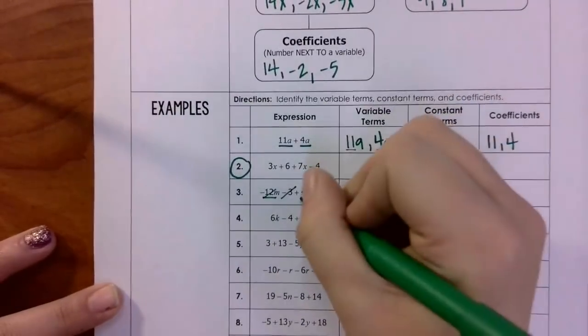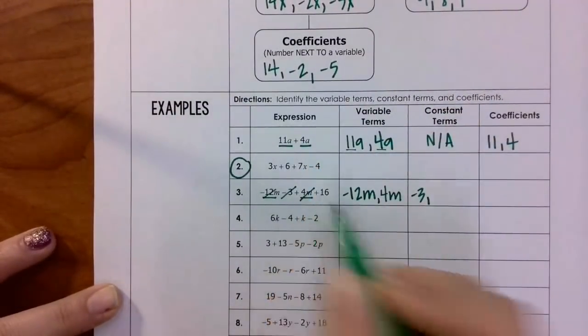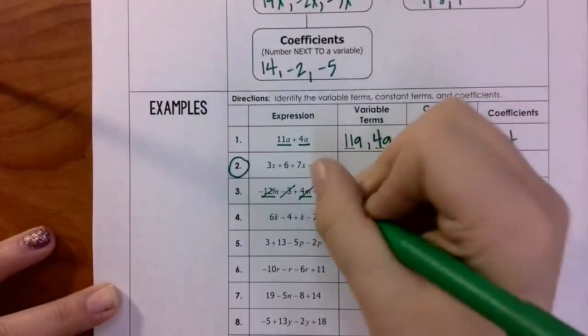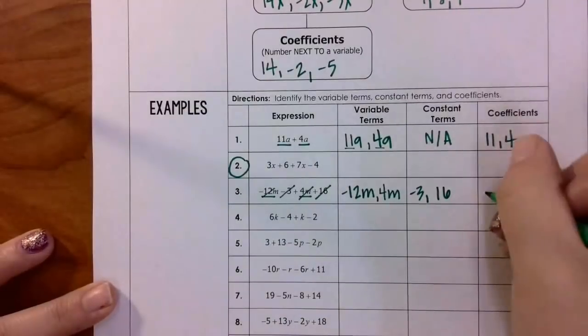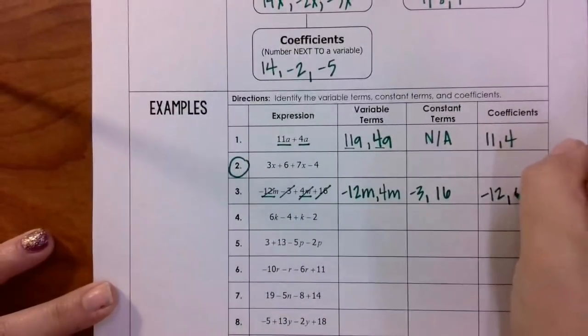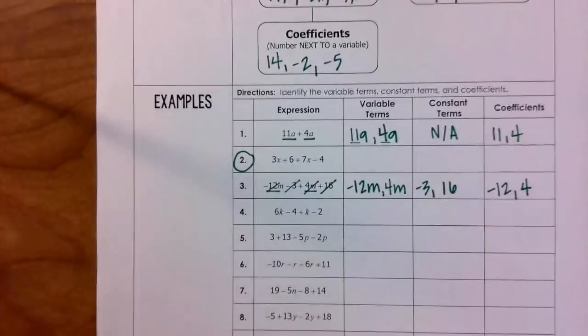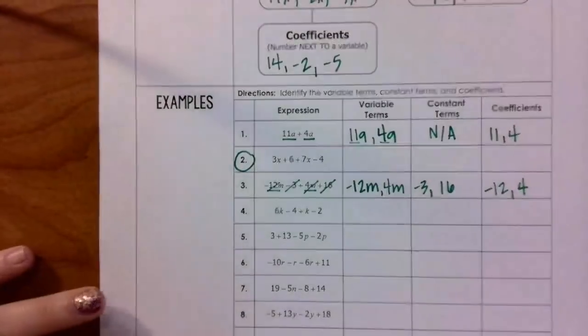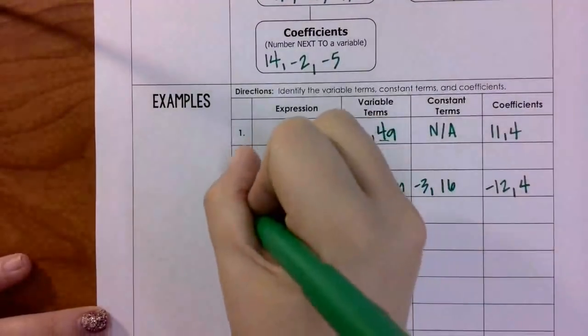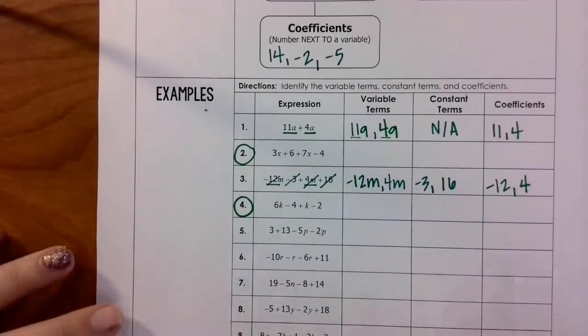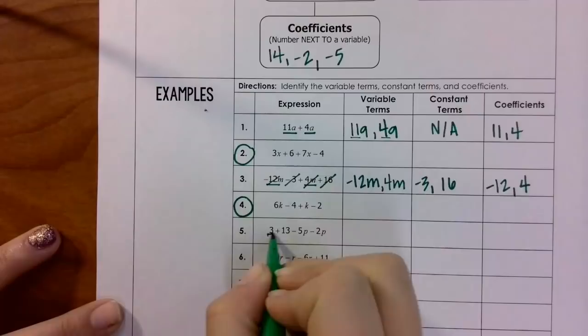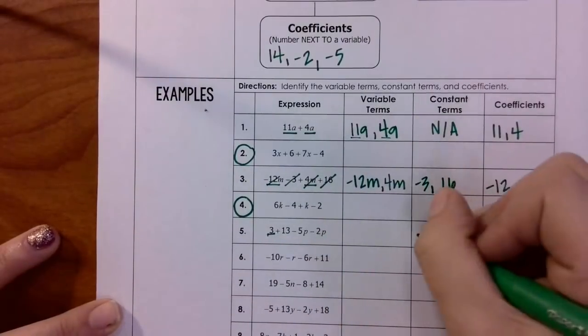And then 16, that's a constant. There's no variable. Now coefficients, I've got two variable terms, so I'll have two coefficients, and my two coefficients are negative 12 and 4. Pay attention to your negative subtraction signs. If you lose it, you lose points. Go ahead and circle number 4 and move on down to number 5. See 3, that's a constant because there is no variable.